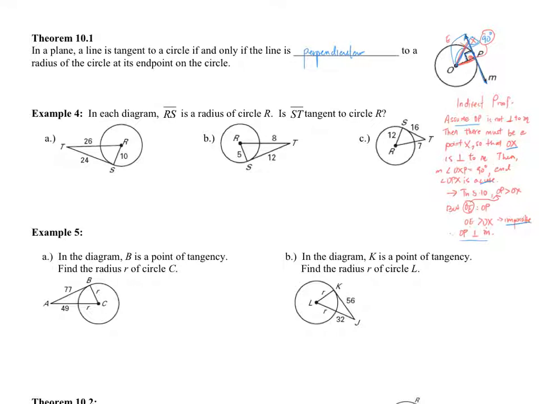Example 4. In each diagram, segment RS is a radius of circle R. Is segment ST tangent to circle R? So to find out, we need to check to see if these form right triangles. So I need to first let you know that 26 here refers to the entire length of TR.